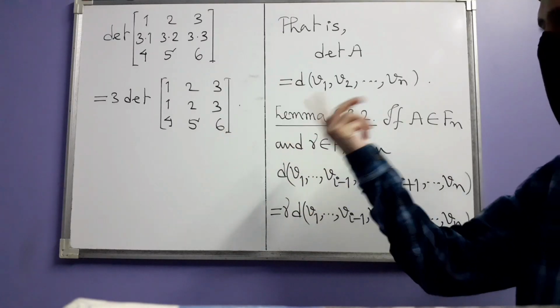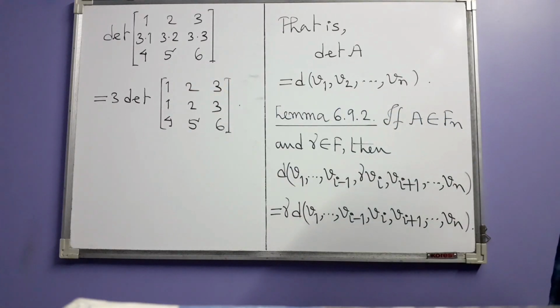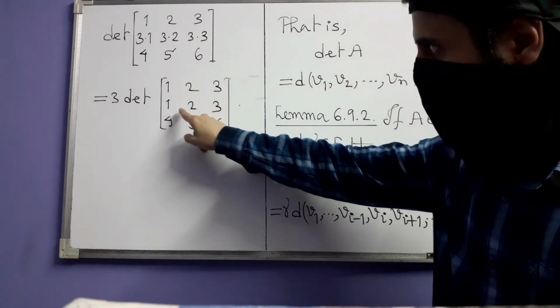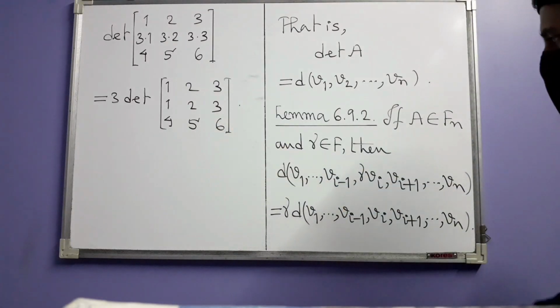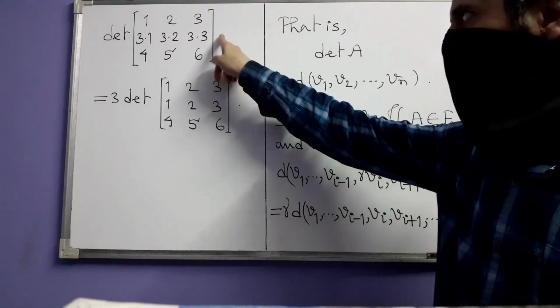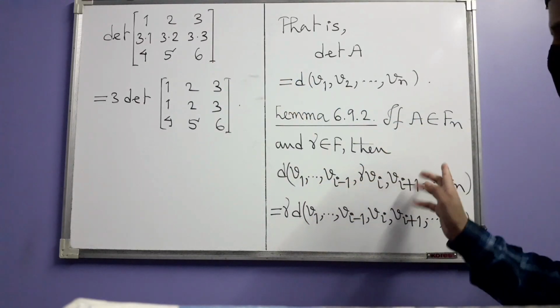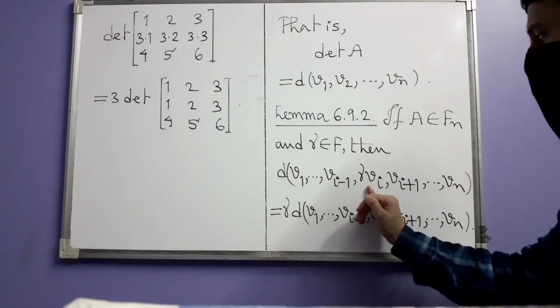But what is A, what is gamma here? A is this. This is your V1. V1 is 1, 2, 3. V2 is also 1, 2, 3. V3 is 4, 5, 6. So what you are starting with is that determinant where almost all the rows of A are there, except one, namely this one.